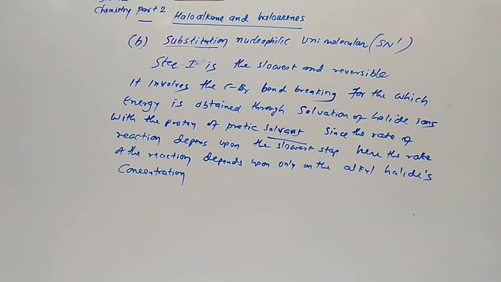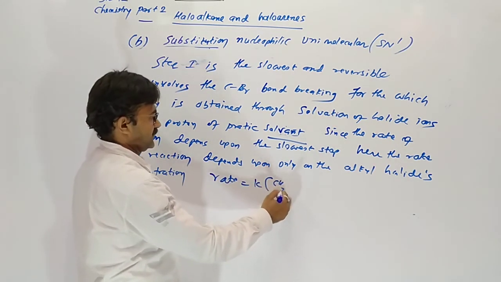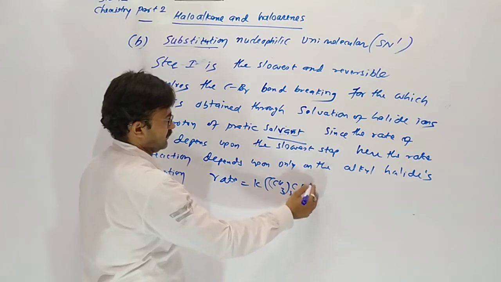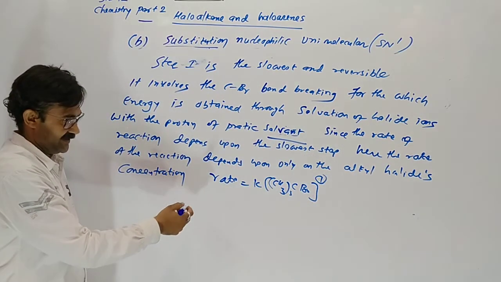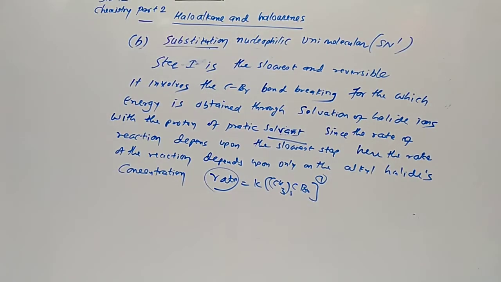Not on the concentration of hydroxide ion. Understood? So rate equals K times tertiary butyl bromide raised to 1. The rate is not depending upon OH minus in the first step. So this is a first order reaction.